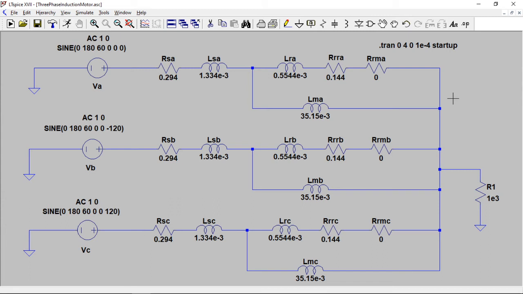We used actual values that they provided, which were very close to another source that I showed you for a 10 horsepower, 220 volt, 6-pole induction motor.